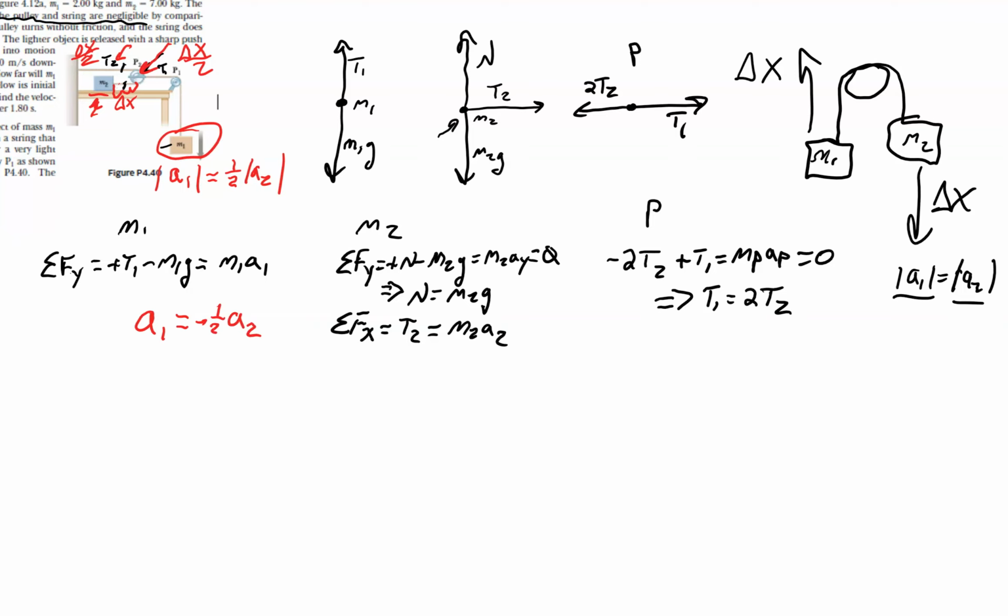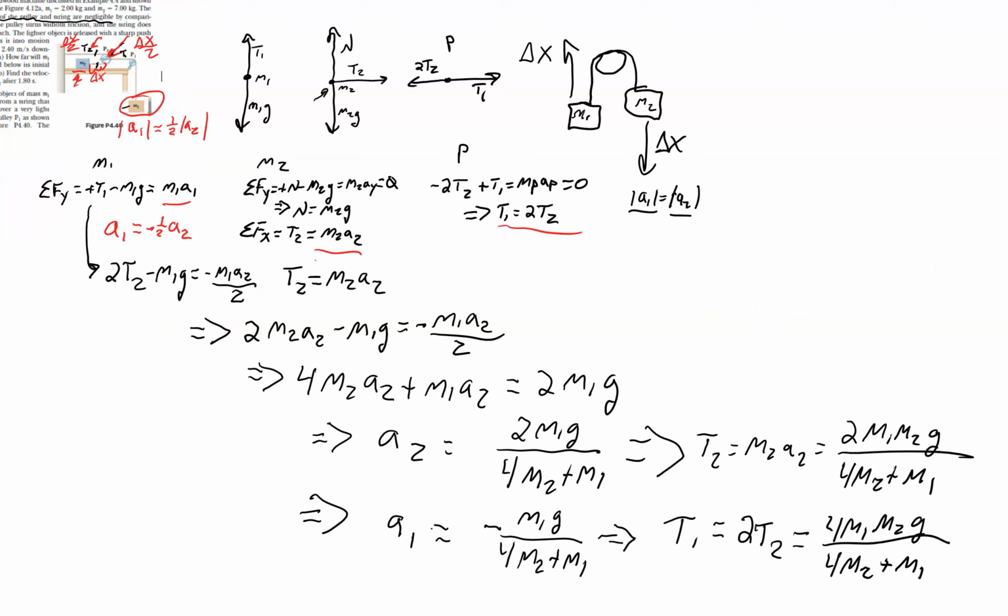So why negative? Well, M2 is moving to the right, which I defined as positive, and A1 is moving downward, which I defined as negative. So I'm going to take this substitution, I'm going to rework all of these, and I'm just going to show you the result. Okay, so algebra.